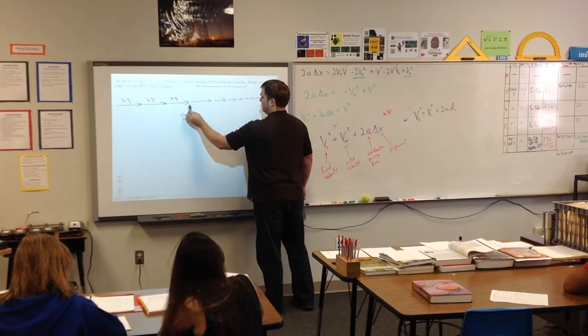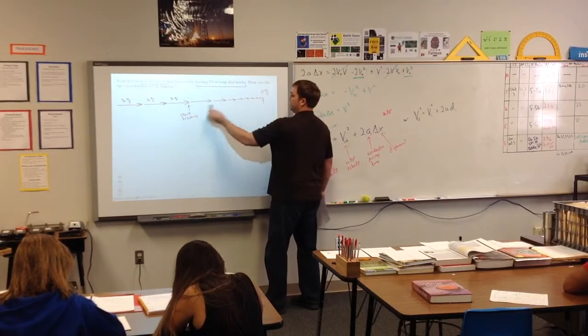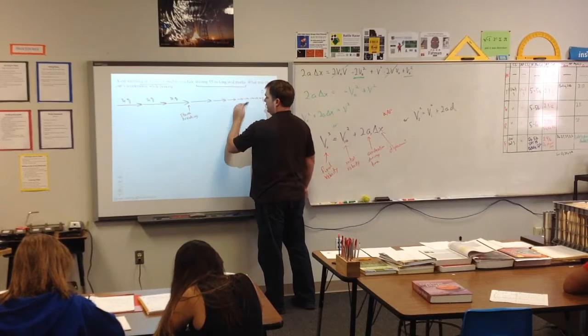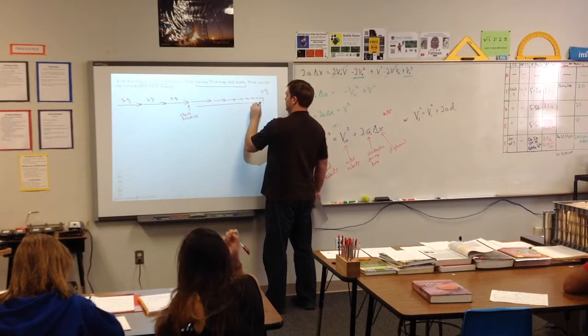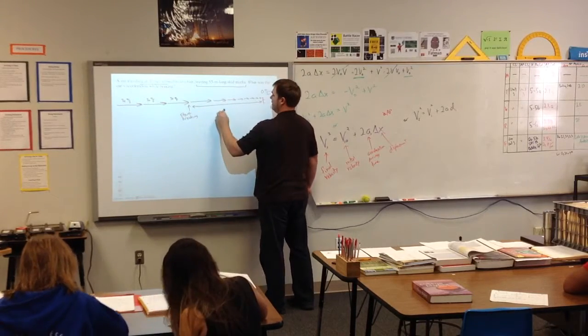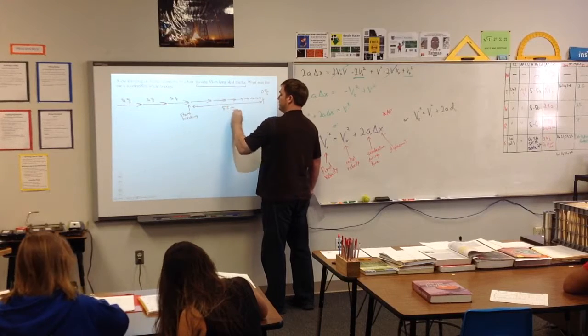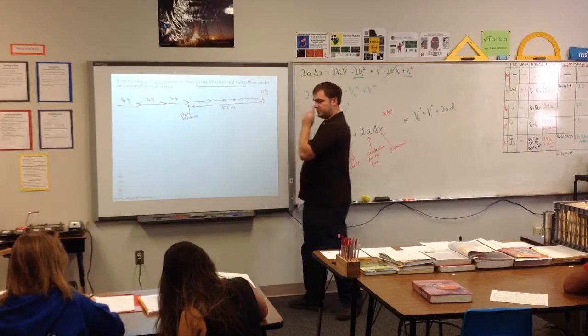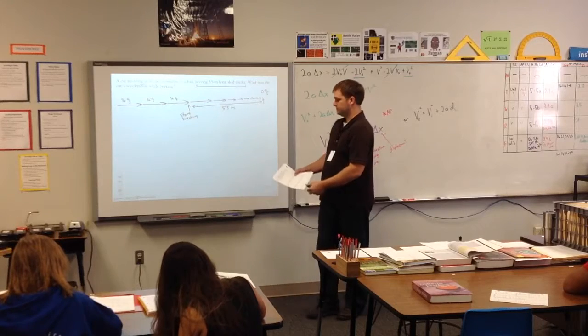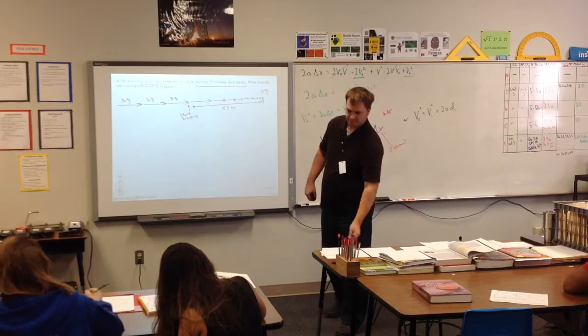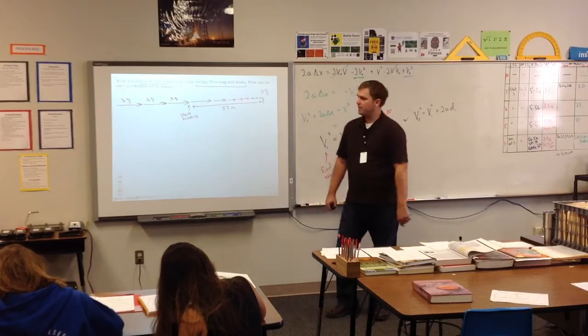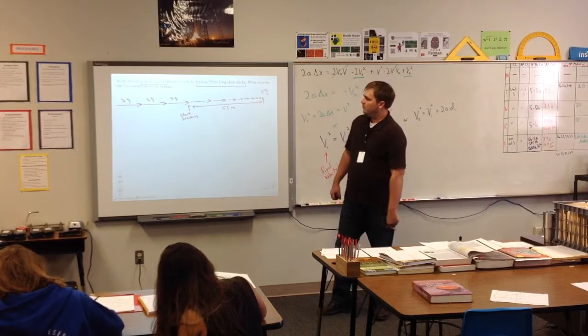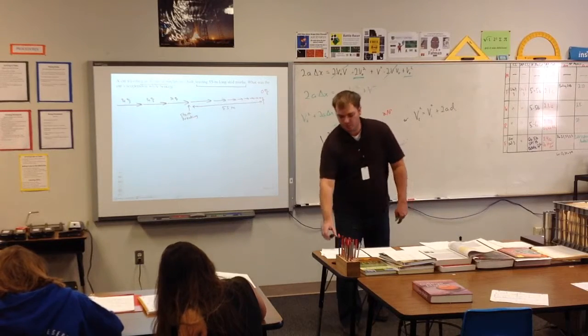That means that from this distance to here, that delta x, I'm just going to write little arrows right here. That part right there is 55 meters.